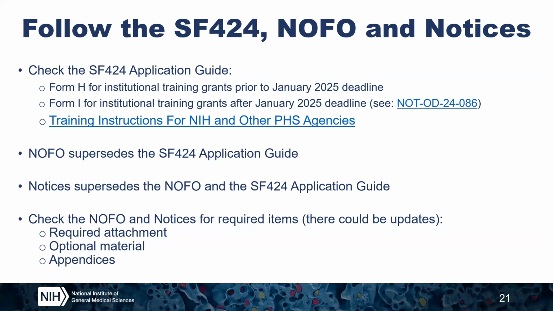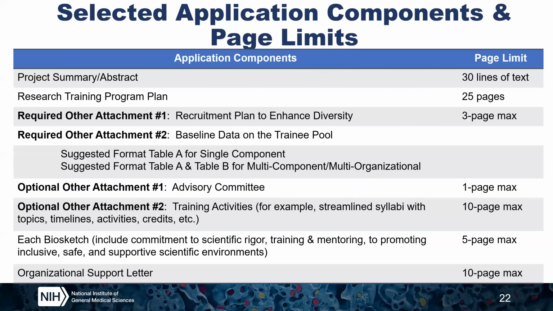Also, please check the NOFO and any related notices issued, since sometimes there are updates, and it may be important to know any updates related to the required attachments, the optional material, or the appendices. Applicant organizations are to be mindful of the various application components, page limits, and of required and optional attachments.